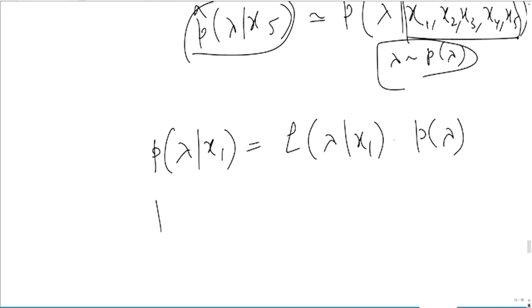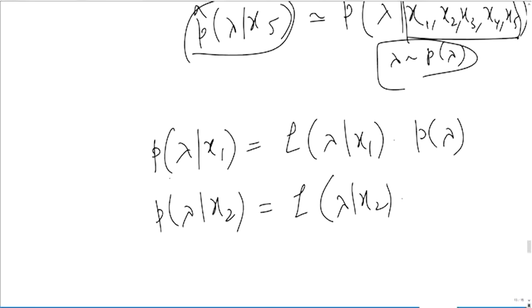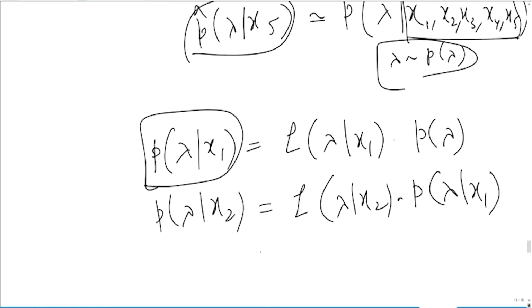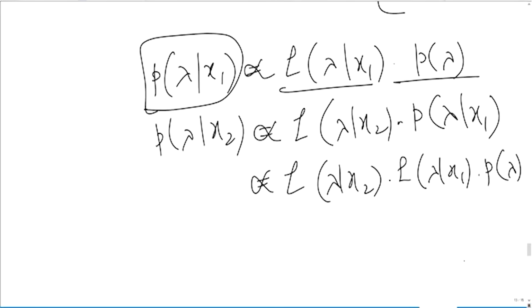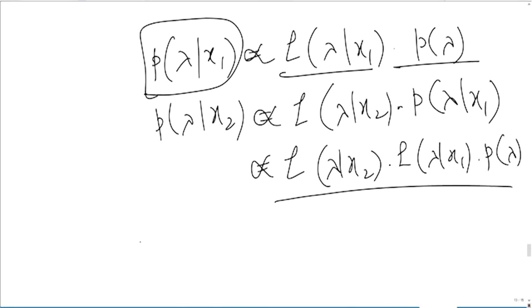Then P of lambda given x2 is the likelihood of lambda given x2, and now this posterior acts as the prior, so P of lambda given x1. I am just writing it up to proportionality. What is P of lambda given x1? It is the likelihood of lambda given x1 times the prior on lambda. So this is what you get after day 2.